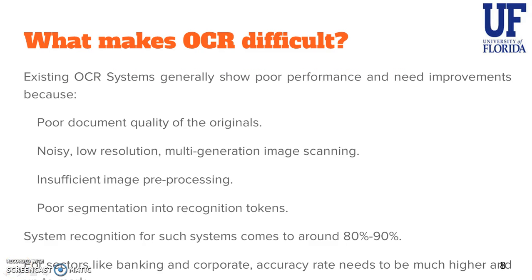There are a number of factors that make OCR difficult. One is poor document quality of the originals, noisy low resolution multi-generation image scanning, insufficient image processing, and poor segmentation into recognition tokens. For all these factors, a lot of research is going on.